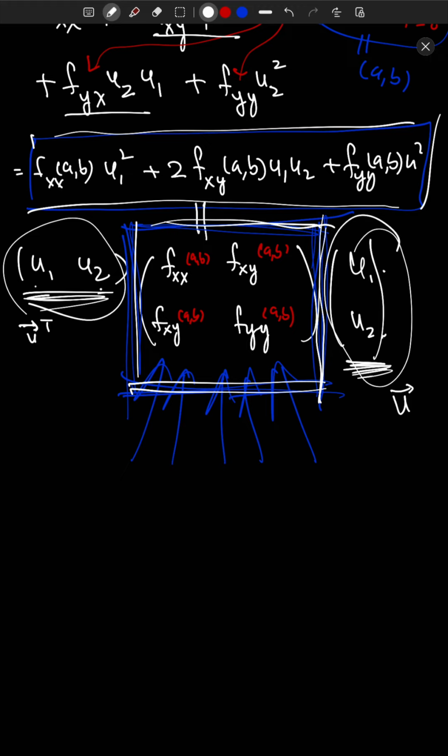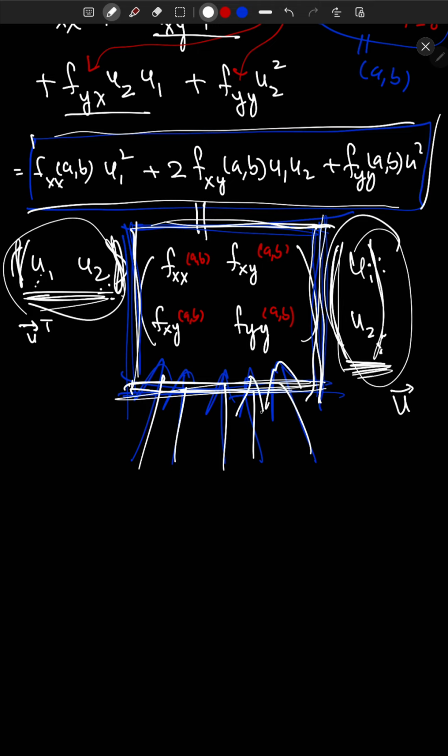So if I wanted a different direction, I would use the same exact matrix, and I would multiply the different direction here and that same different direction here: 1 comma 3 here, 1 comma 3 here, or 4 comma 7 here, 4 comma 7 here. The matrix is the same no matter what. So in essence, this matrix encodes all the information about the second derivative. For two variable functions, and in fact for multivariable functions, the second derivative should be thought of as a matrix, just like the first derivative in multivariable calculus should be thought of as a vector, the gradient.